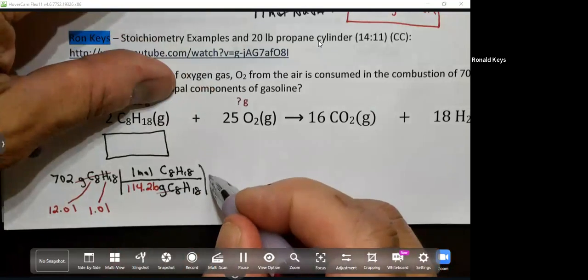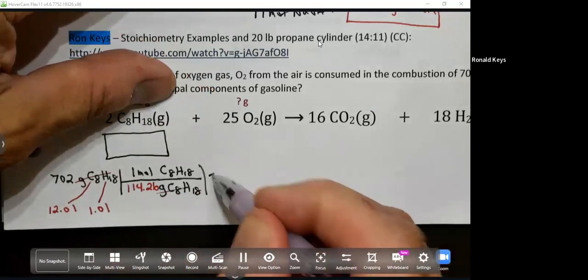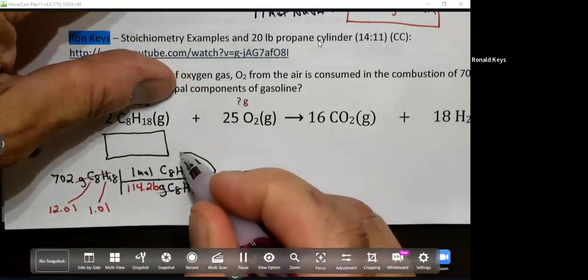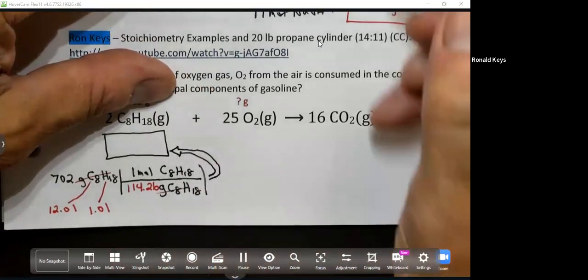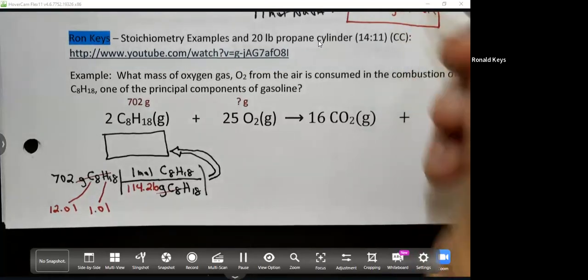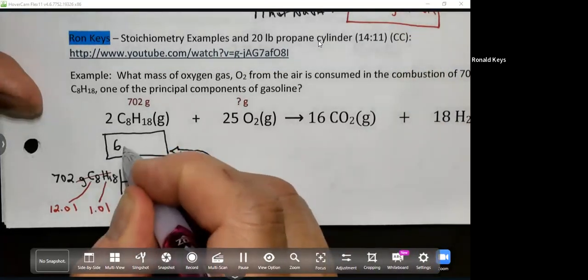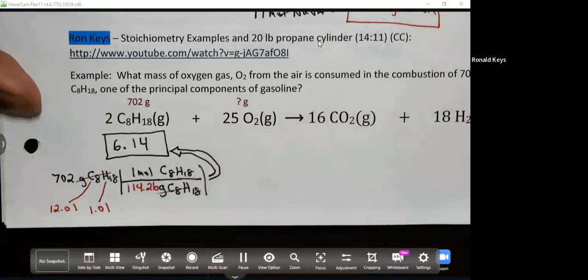This is just grams to moles, moles to grams. I'm going to draw my thing. Right there's my starting moles, right? Ooh, that's a fancy looking arrow. And my starting moles is 6.14, I believe. 6.14. Yes.